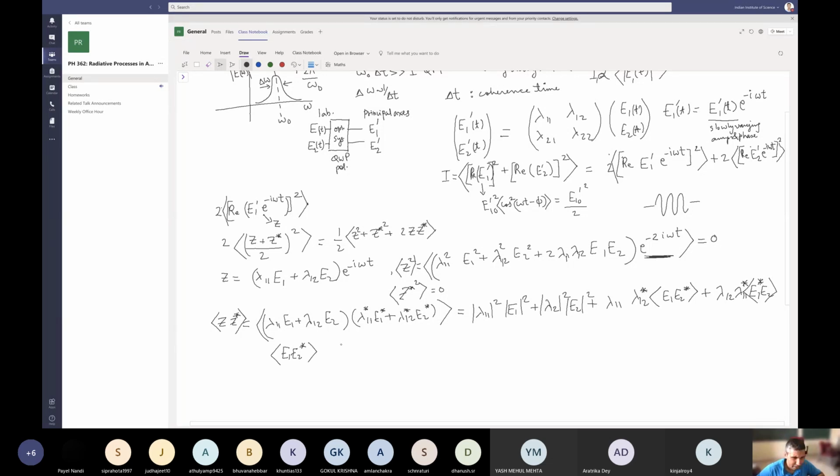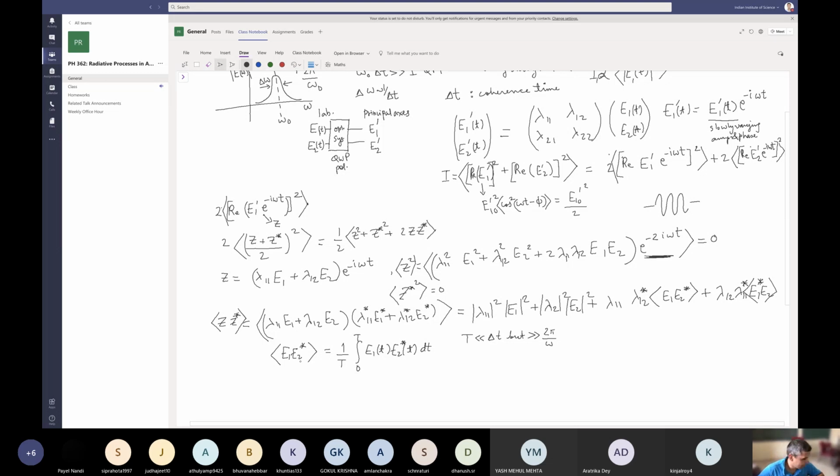This actually means an average over a time T, where T is much less than delta T, but much greater than 2 pi by omega. So there is a time scale much longer than the fast variation but smaller than the coherence time, and the averaging is done over that period.